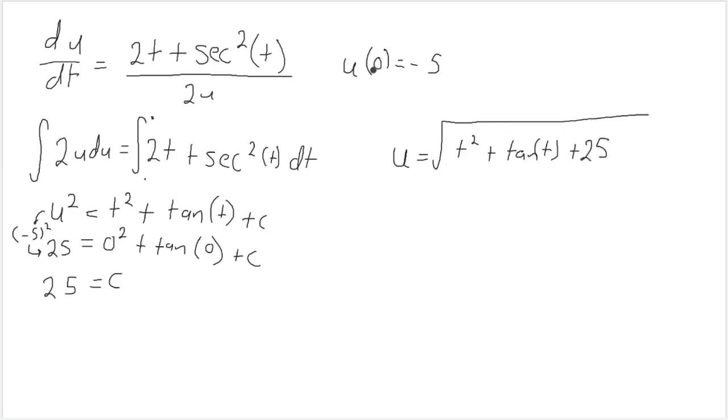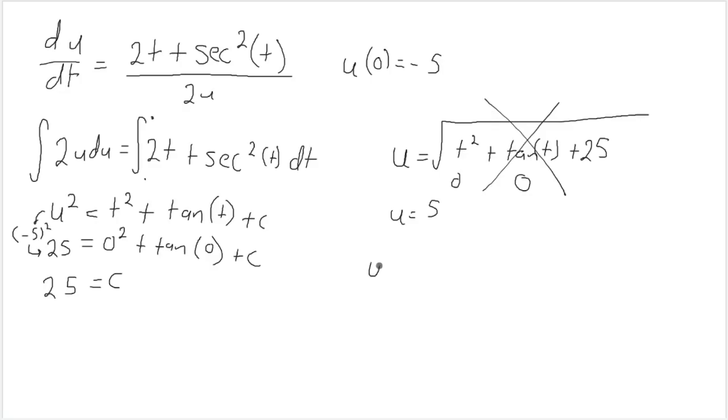So I look at this, I know that u of 0 equals -5. And if I plug in a 0 here, a 0 here, these would both be zeros, I'm still left with u equal to 5. So this, in its current form, is not correct.